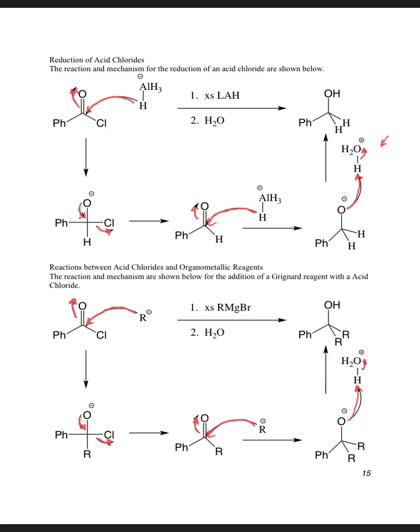It's not multiple steps of LAH. Or we can add an excess of the Grignard, and we can add two equivalents of the alkyl group to reduce it from the acid chloride to the tertiary alcohol. And the mechanism is exactly the same for both of these. The nucleophile adds, forms the tetrahedral intermediate, and then kicks out the chlorine, and then the second equivalent adds. Okay.